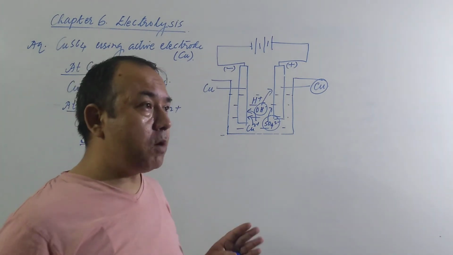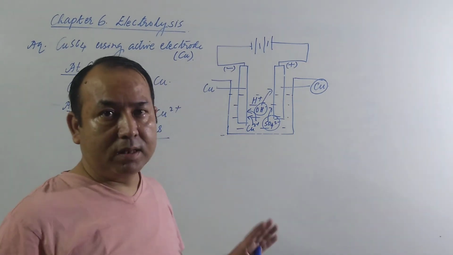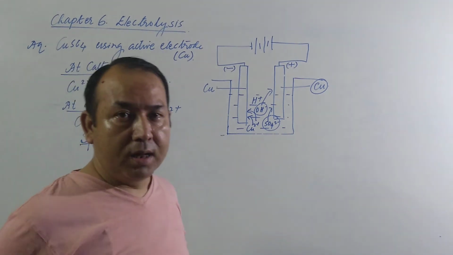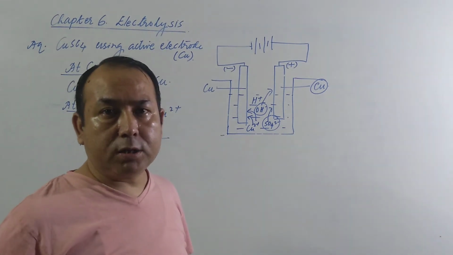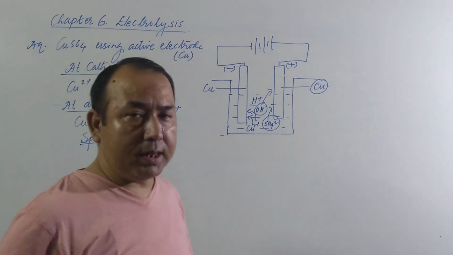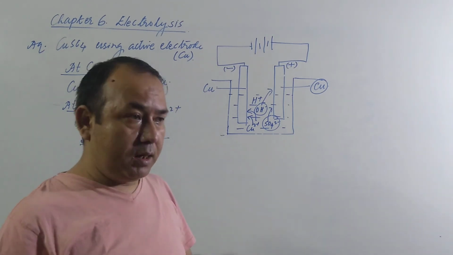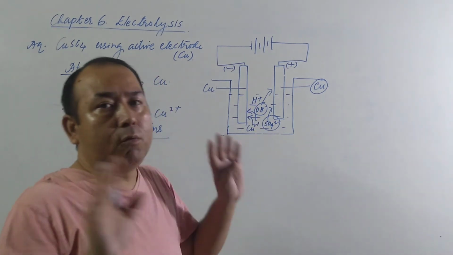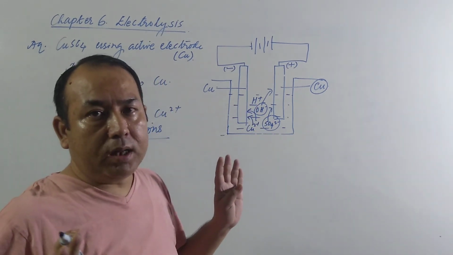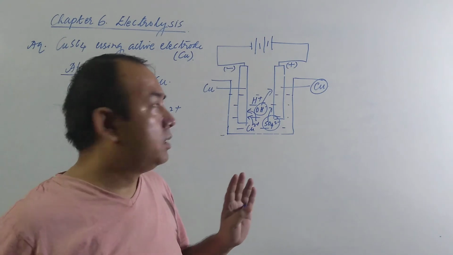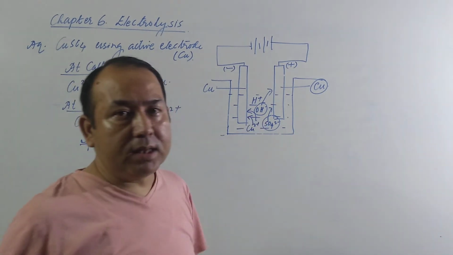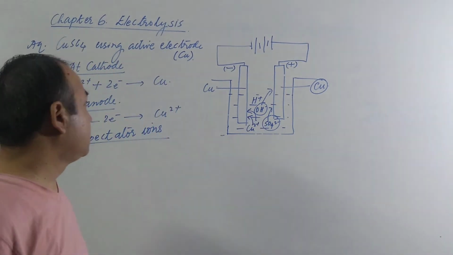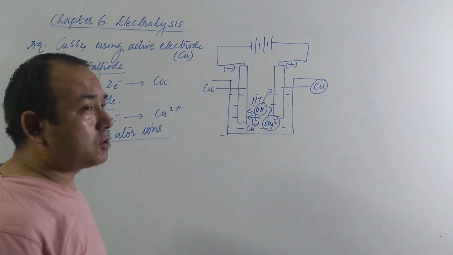Spectator means one who watches the match, like a cricket match. When you go to watch a cricket match, you are considered a spectator. You do not participate in the match, you simply watch. So these 2 ions simply watch what is going on. They do not have any work to do, so that is why they are called spectator ions. So this is about the electrolysis of copper sulfate solution.